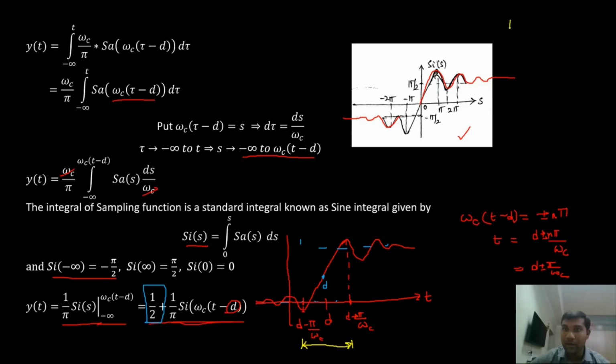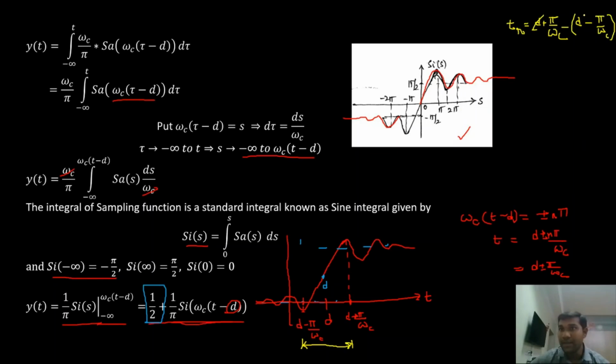So my rise time tr is equal to d plus pi by omega c minus d minus pi by omega c, right? D plus pi by omega c minus d minus pi by omega c.